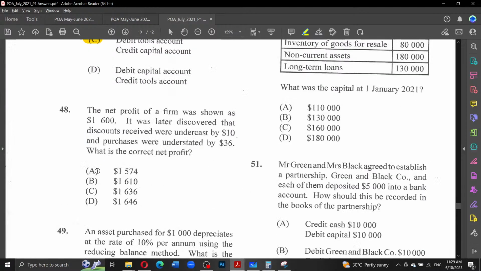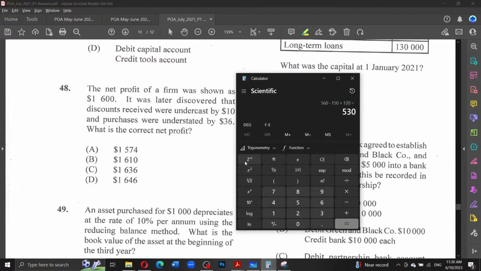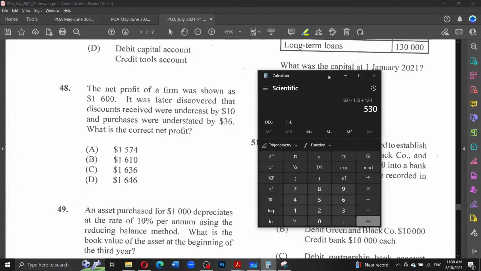The net profit of a firm was shown as 1,600. It was later discovered that the discount received was undercast by $10. Alright, so let's get this calculated. The net profit is 1,600. The discount received was undercast means that it's understated by $10.